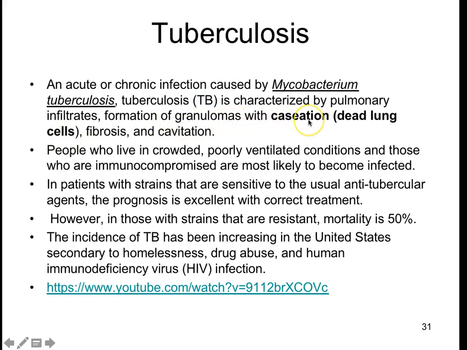When you have a granuloma filled with the dead lung cells as well as the bacteria, you call that caseation. And that can then progress to fibrosis and cavitation and permanent loss of that area of the lung. You permanently destroy the alveolar sacs, and that person is down so much of their respiratory function.